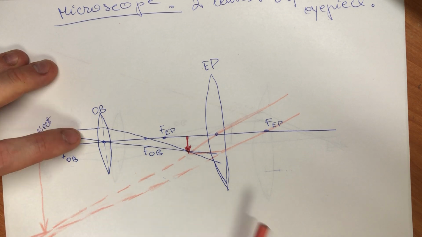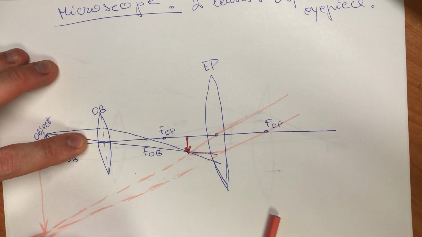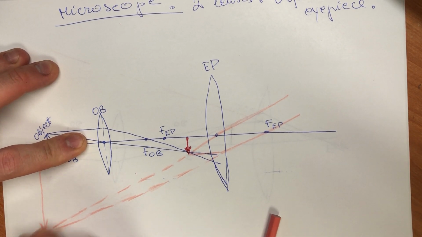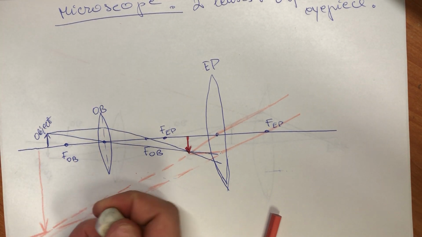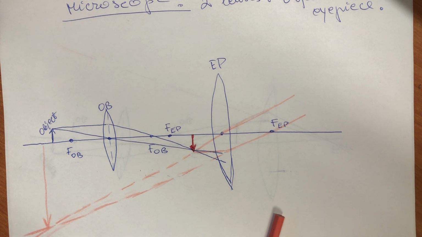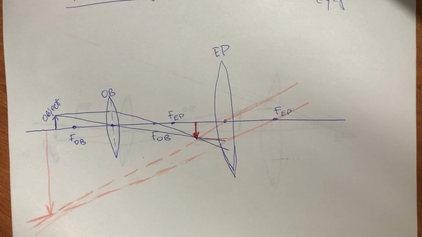So this is how it should look. It should be like this if we used drawing tools. If I had a ruler, it would be a nicer picture.